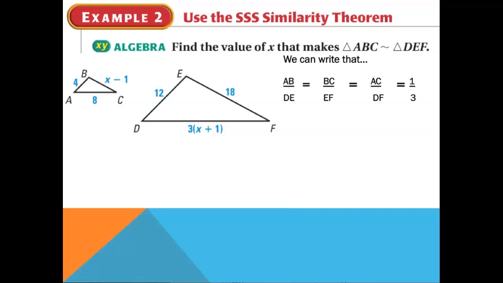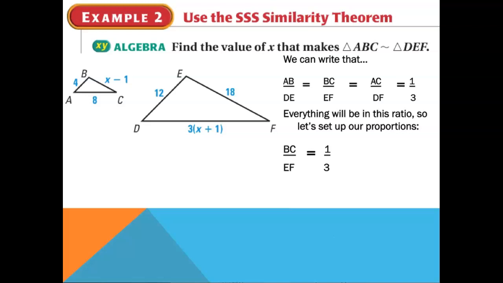Now I know this because AB over DE is 4 over 12, which is equal to 1 over 3. If that's the case, we can use that ratio to set up our proportions. So BC over EF is equal to 1 over 3. And then we can substitute, so BC is x minus 1, EF is 18.